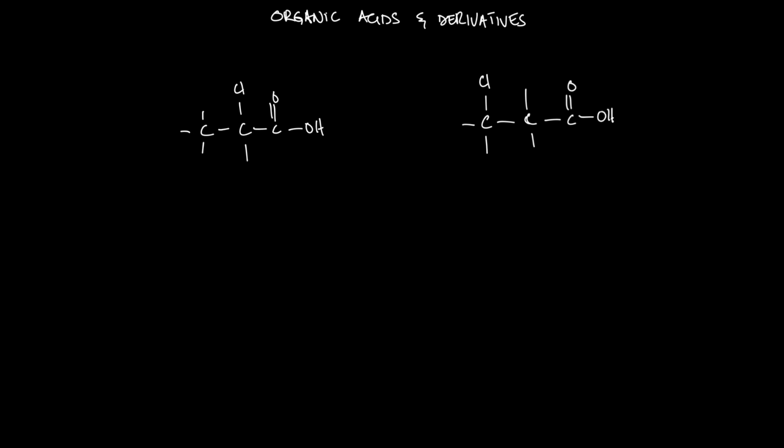The first one, because the electron donating or electron withdrawing group is closer to the carboxyl group. Okay? So obviously the further away it gets, the lesser of an effect it has. Okay? Same with electron donating groups. This carbon has a lesser inductive effect than this carbon, and this chlorine has a stronger inductive effect than this chlorine. Okay? The further away the electron withdrawing or donating group, the lesser effect that it has. Okay? So again, this chlorine has a stronger electron withdrawing effect than the second one. The first one has a stronger effect.